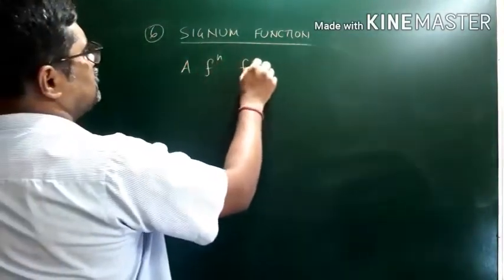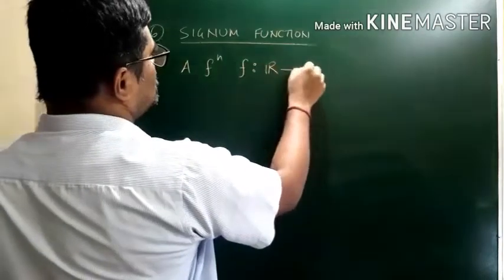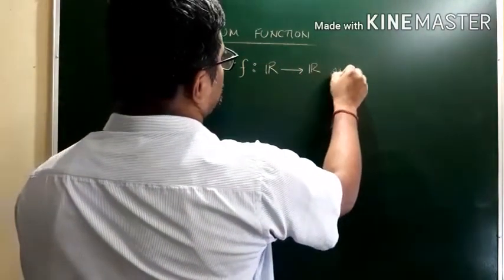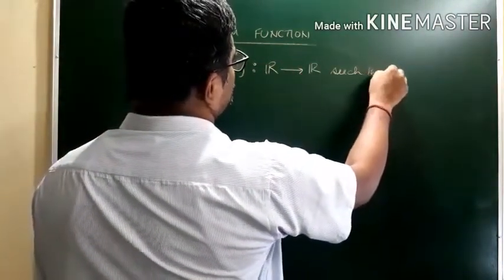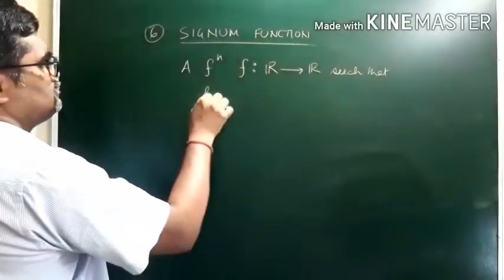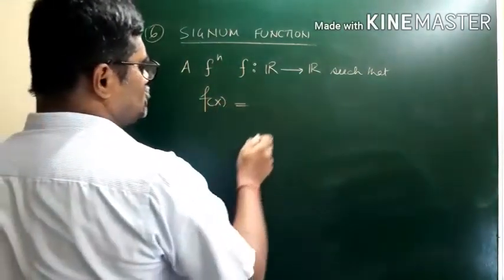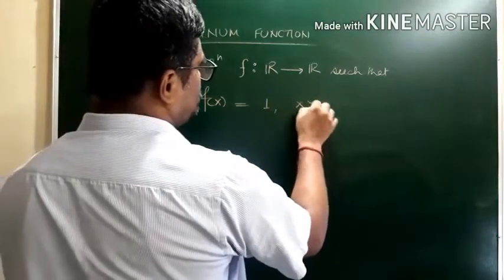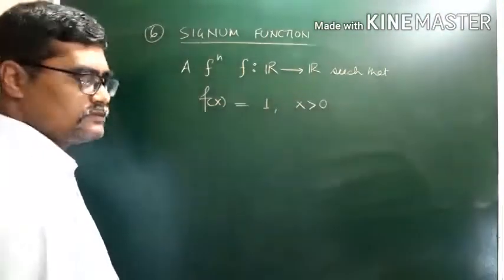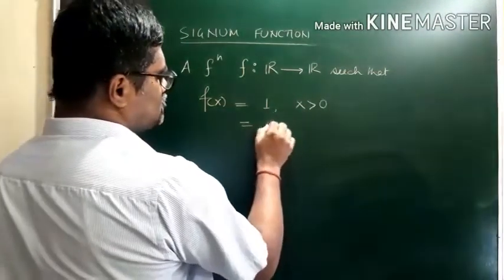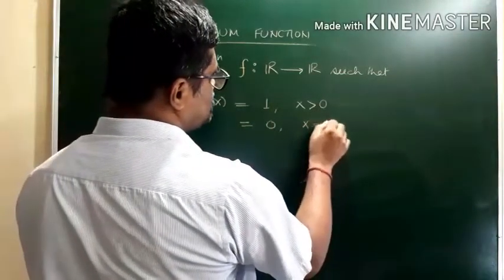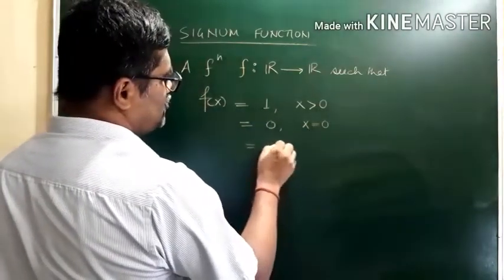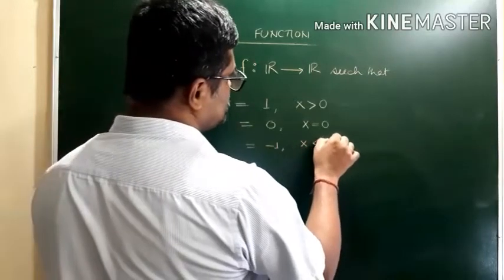A function f from real numbers to real numbers such that f of x equals 1 if my inputs are positive, 0 if input is 0, and minus 1 if input is negative.